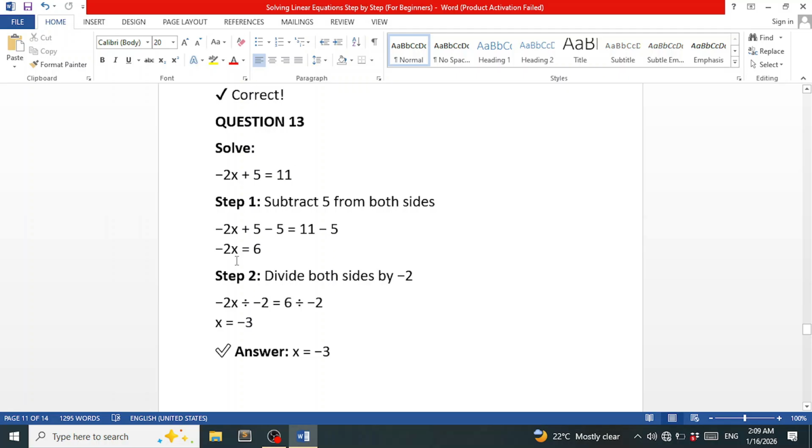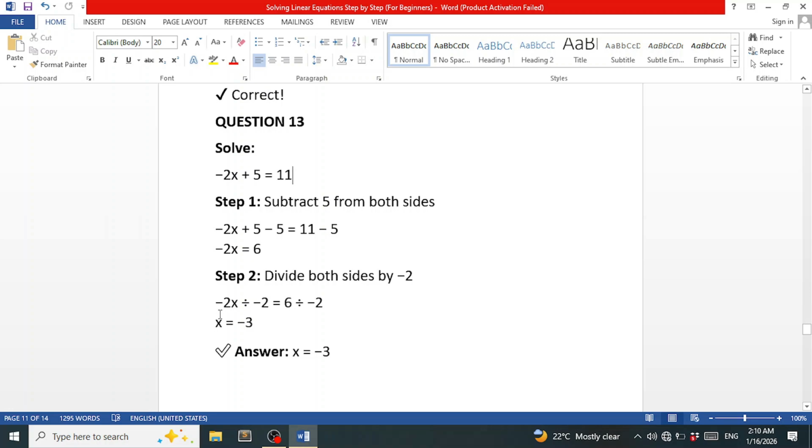So negative 2x divided by negative 2 equals 6 divided by negative 2. And this negative is going to cancel with this negative, then we have a positive. Then 2 divided by this 2, we're going to have 1 times x, we have x.